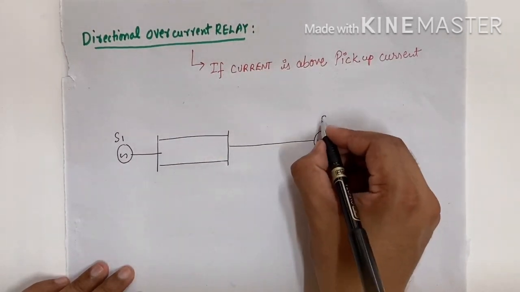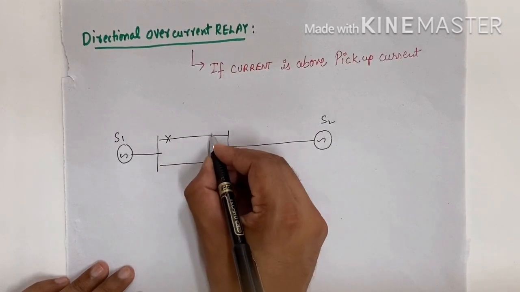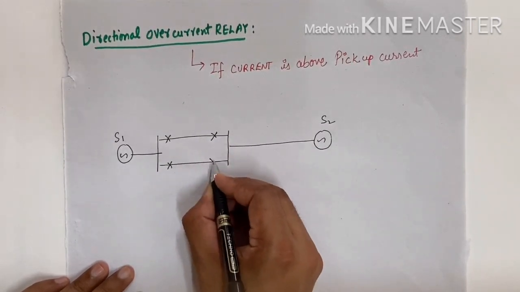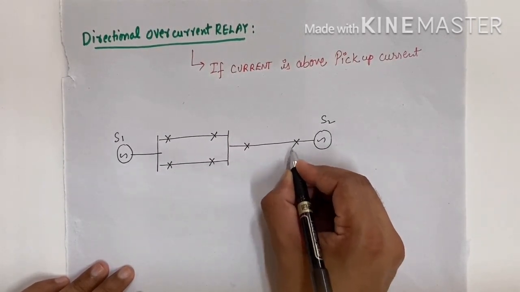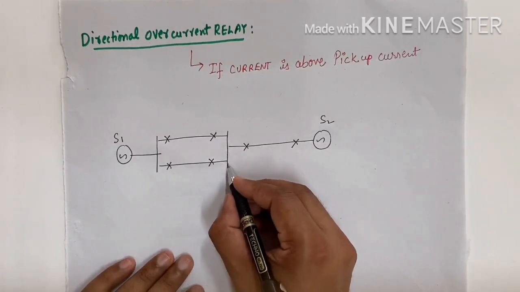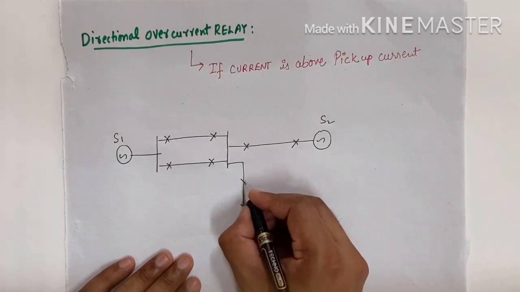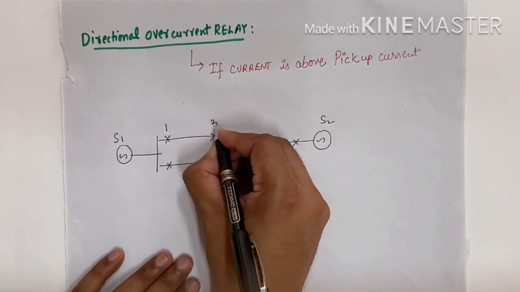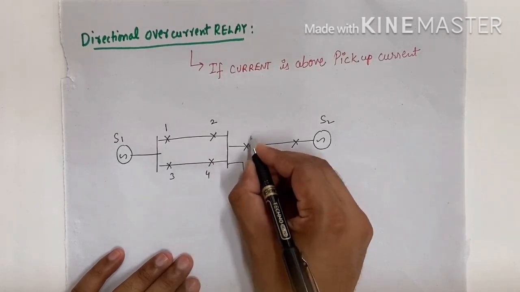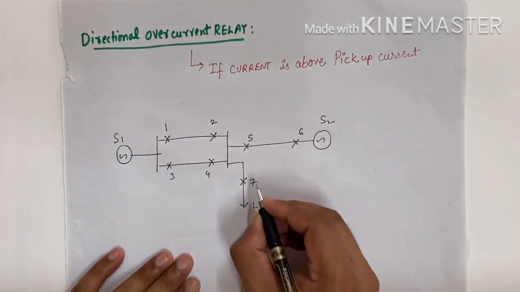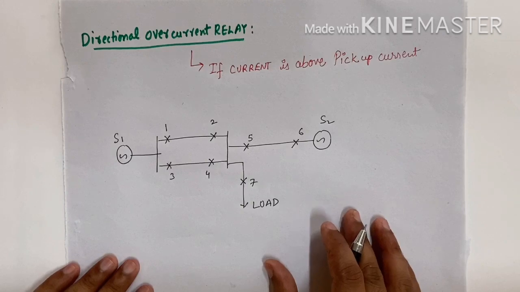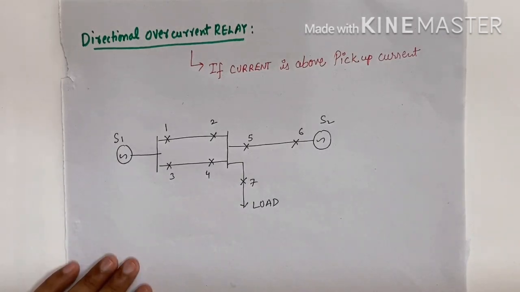This is S1, this is S2, this is relay 1, relay 2, relay 3, relay 4, relay 5, relay 6, and here we feed the load, and here we write relay 7. We will write here 1, 2, 3, 4, 5, 6, 7. Okay, so we have to recognize which relay is a directional overcurrent relay or which relay is a non-directional overcurrent relay.